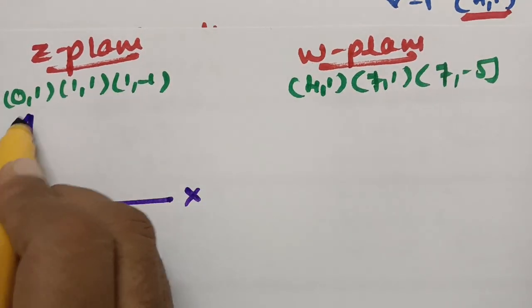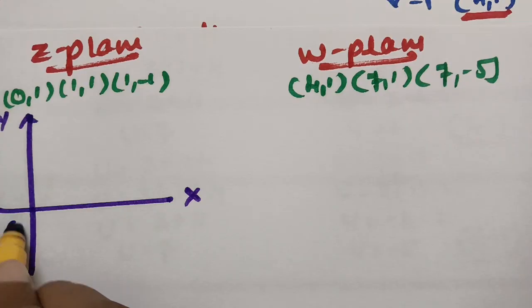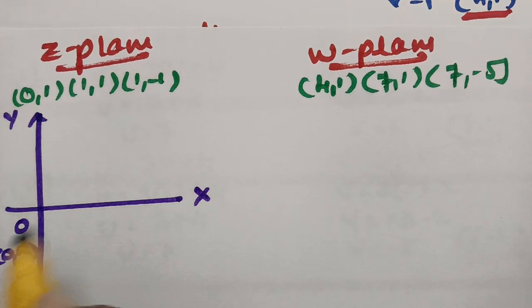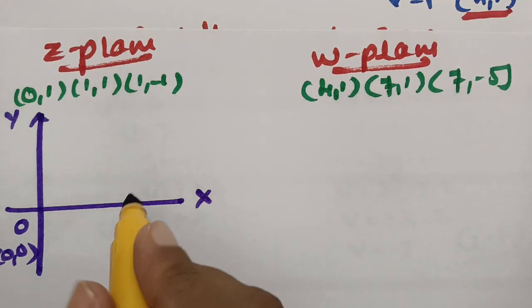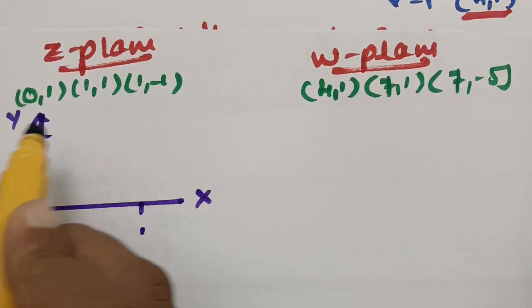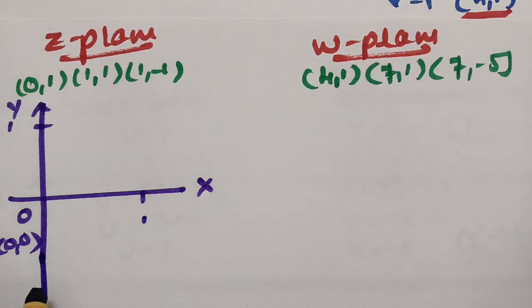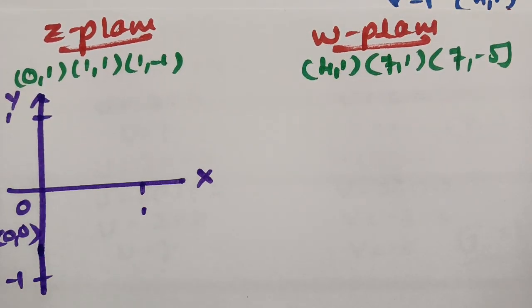So the region will be, if you observe this one, this is clearly the x-axis, and this is the y-axis, and this is the origin 0 comma 0. So this is in the Z plane. Here this value is 1, this value is 1, so this is going to become minus 1. And see 0 comma 1, x is 0 and y value is 1.